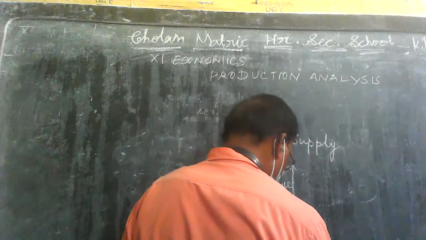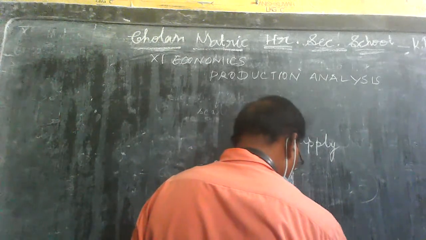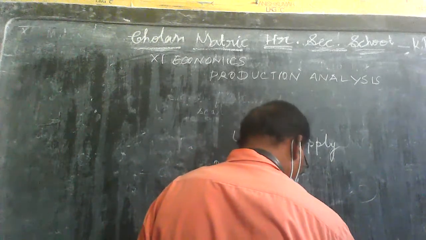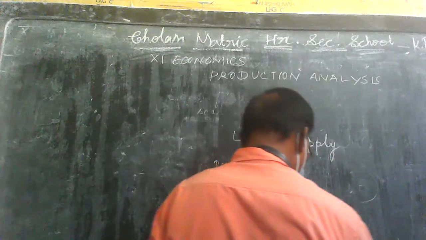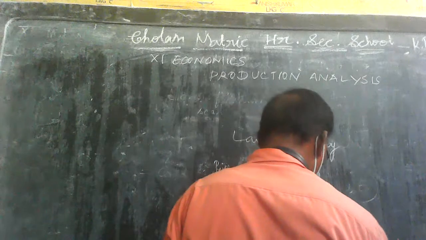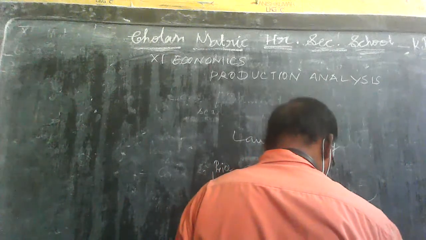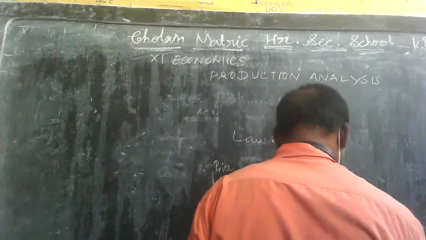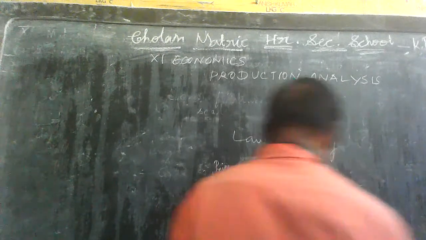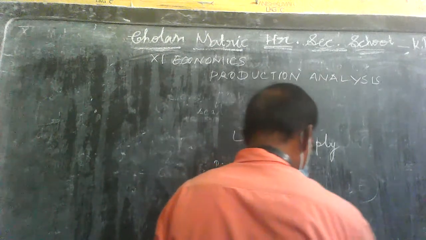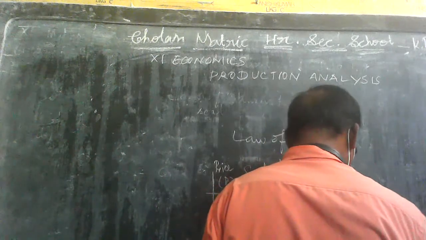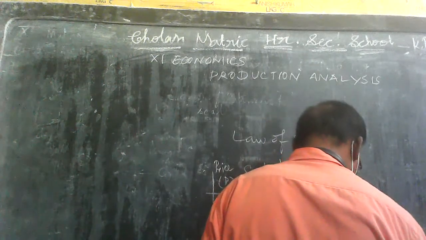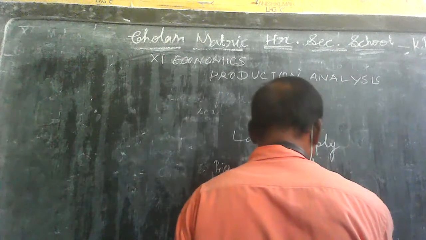Then as the price increases, the quantity supplied increases. As the price increases, the quantity supplied also increases.